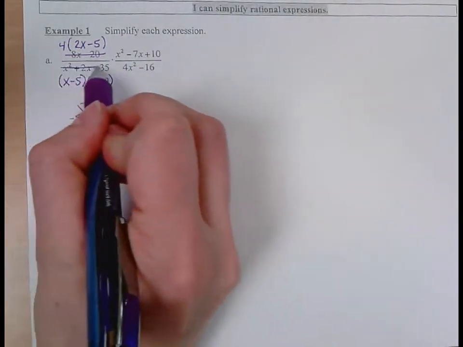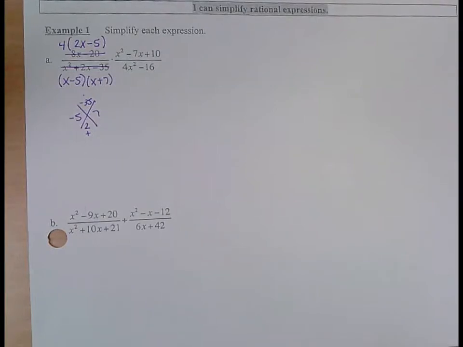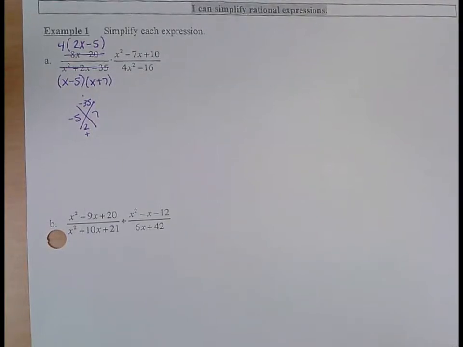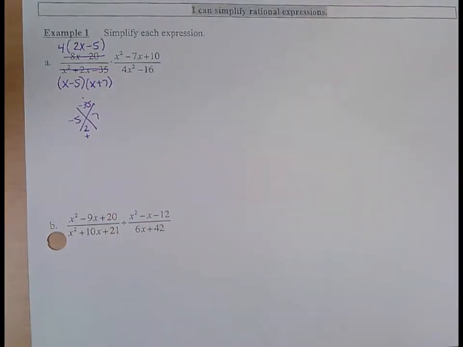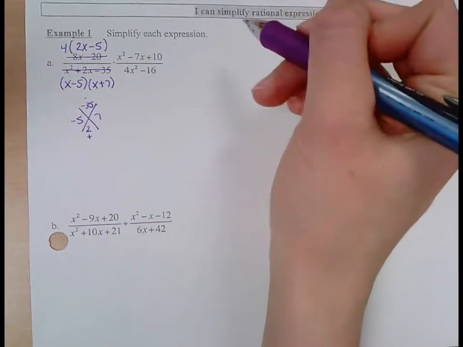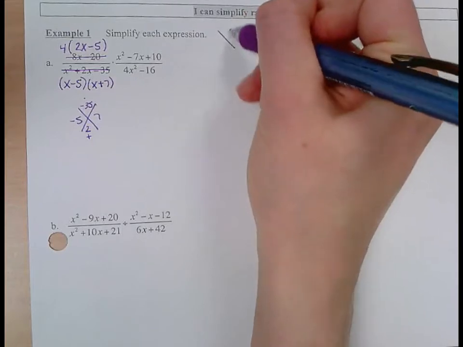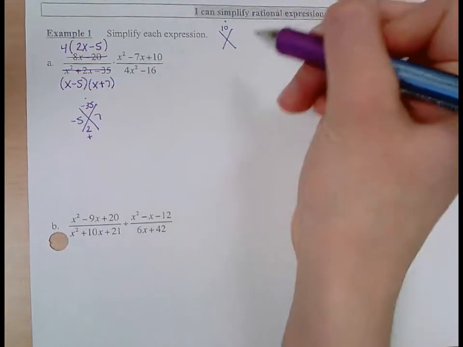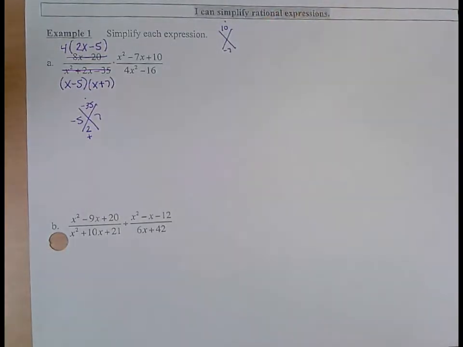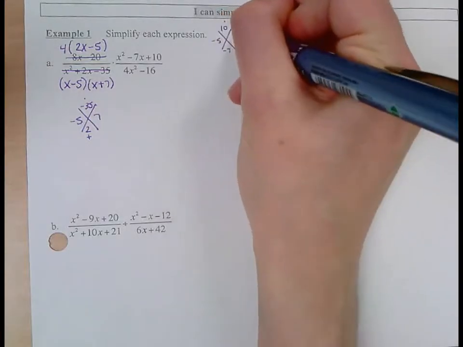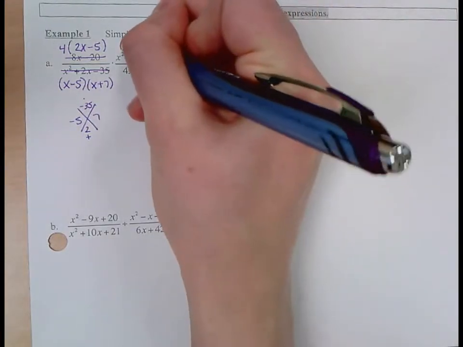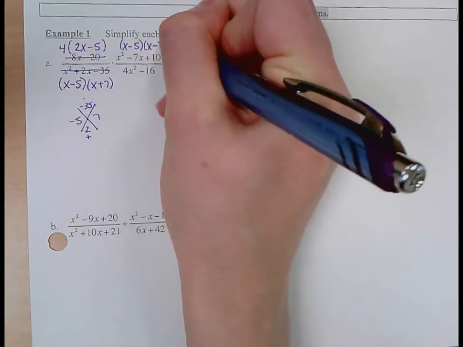Cross out the bottom part there just so we have the factored form. And then if we look at the next fraction on the top, that's another trinomial. If we set up a diamond for that one, we'd be multiplying to 10 and adding to negative 7. Two numbers that work? Negative 5, negative 2. So that's x minus 5 times x minus 2.